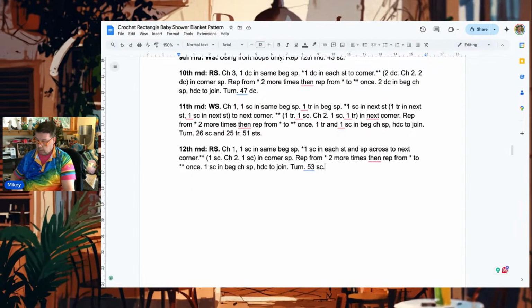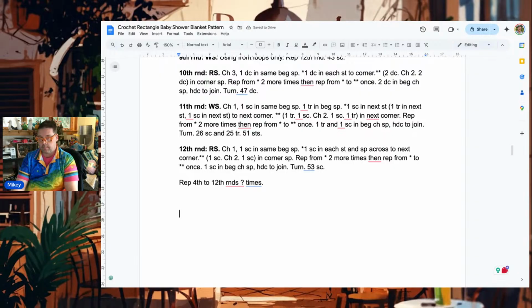So the 13th round is, can repeat 4th to 12th rounds twice.